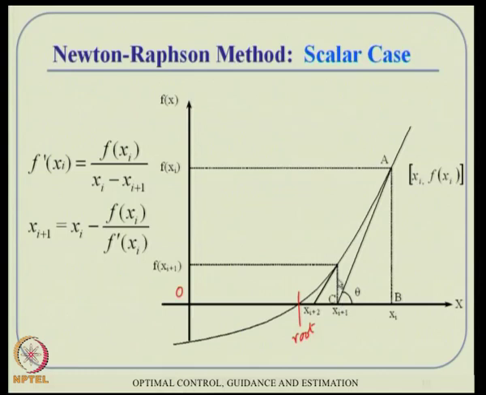So, again I evaluate the function there, I again take the local derivative, extend that, and wherever it cuts, it is my xi plus 2. Again I go there and proceed further like that, and ultimately I will converge there. So, that is the interpretation of that.